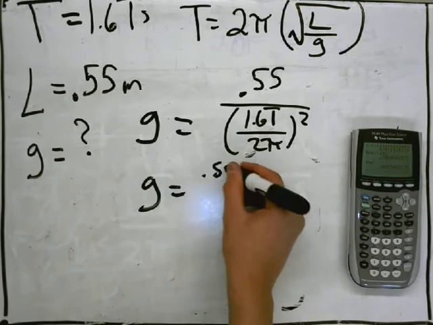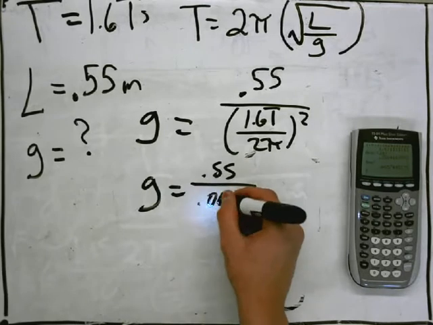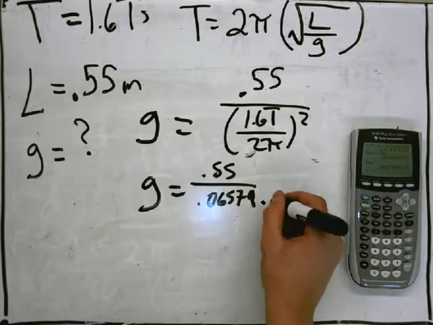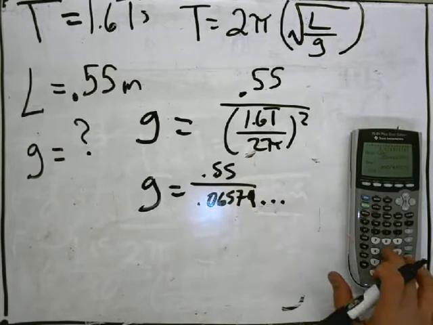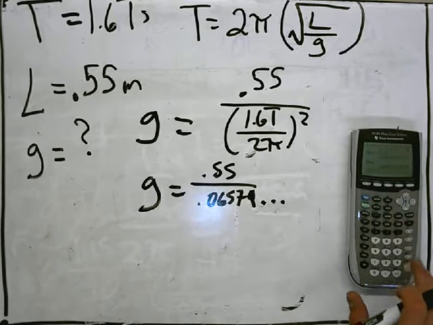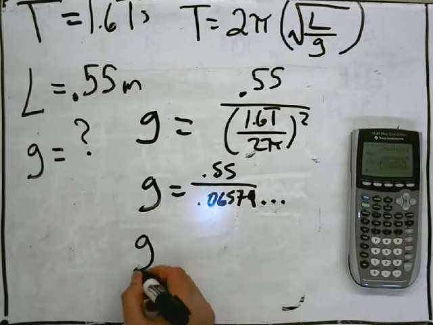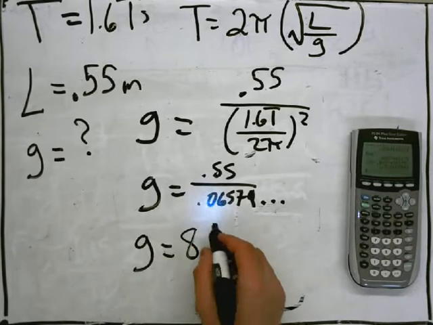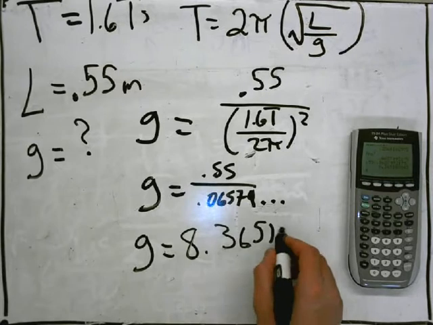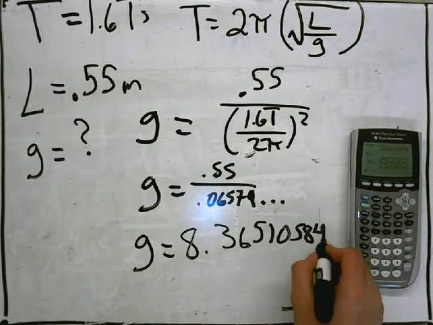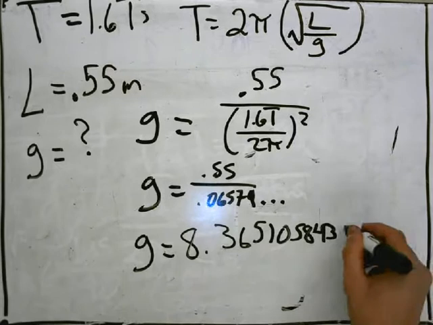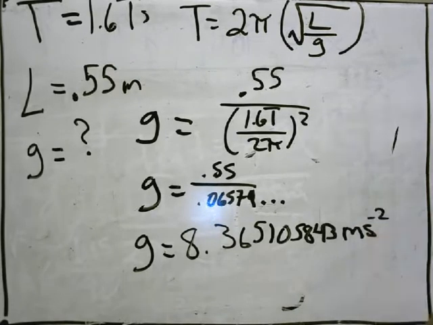Then we're going to divide 0.55 by that number, and we're going to get that the acceleration due to gravity is 8.365105843 meters per second per second. So that's how you'd solve the problem. Just want to find whatever variables you can and get into the equation.